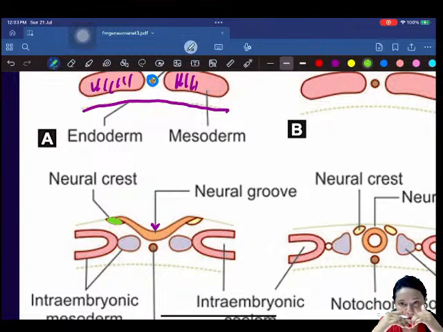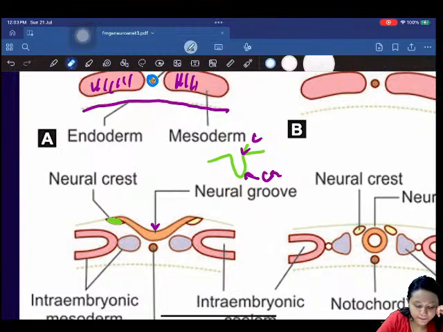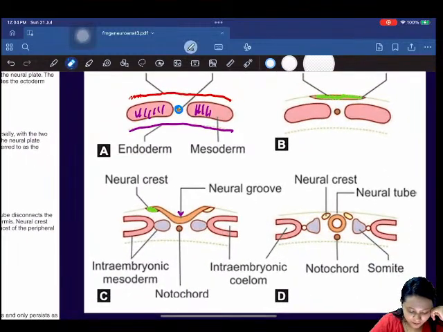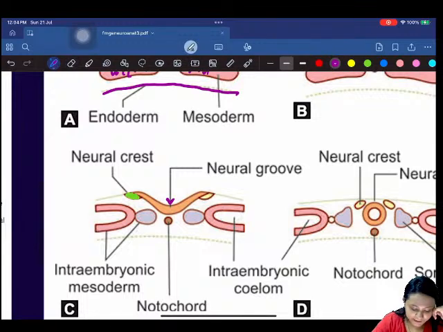This is the crest, and this is the groove. So the side part is the crest and that is the groove. Simultaneously you can also see here that the intraembryonic coelom develops. So you have the intraembryonic mesoderm.